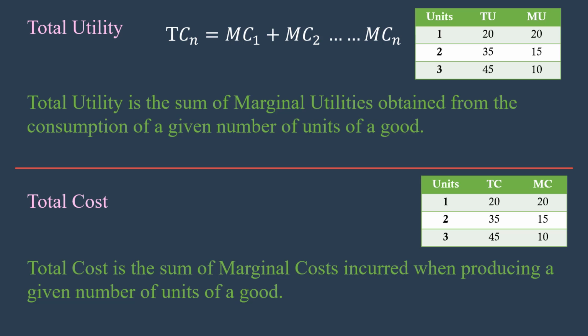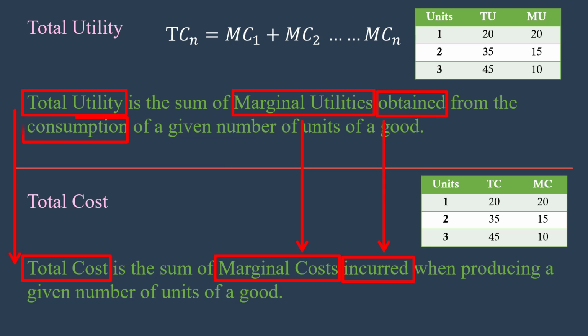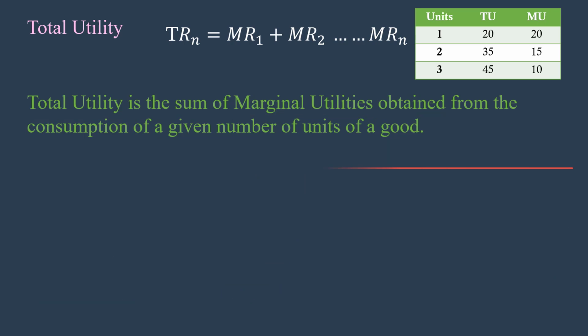Total cost is the sum of marginal costs incurred when producing a given number of units of a good. Look for the changes we have made. We replaced total utility with total cost, marginal utilities with marginal costs, obtained with incurred, consumption with producing. Only these changes. See how simple and easy it is.